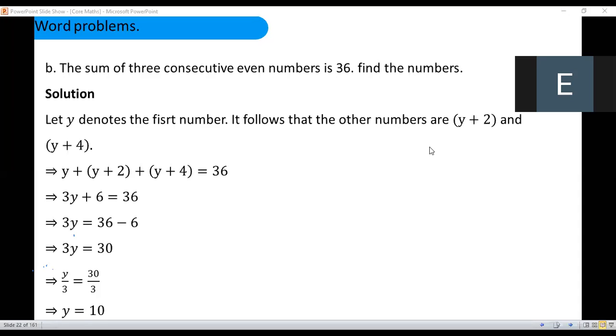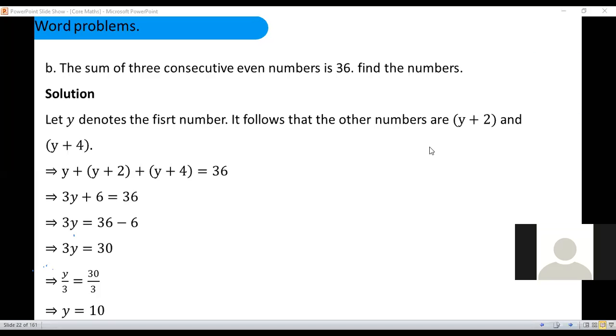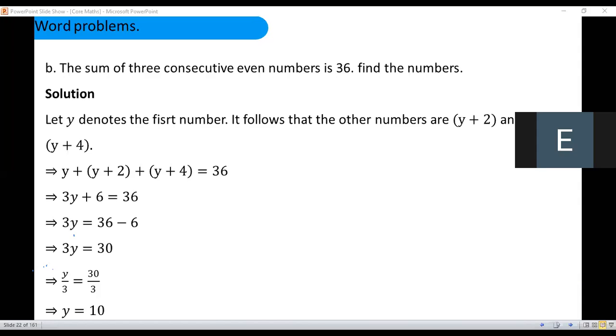Ali Chogbe. Ali Chogbe, what will be the third even number? Dennis Rowe, tell me what the third even number will be.